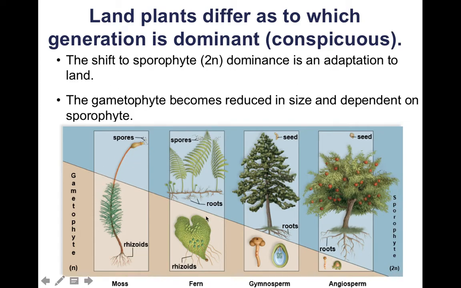As we move up the plant evolutionary tree, what we see is that the gametophyte becomes smaller and reduced in size, but also reduced in terms of long-livedness, right? So in ferns, when you see a fern growing in the woods, you probably associate this with being a fern.